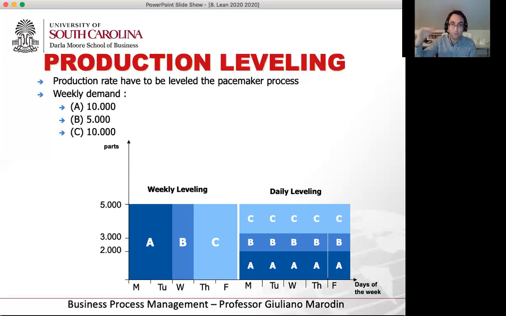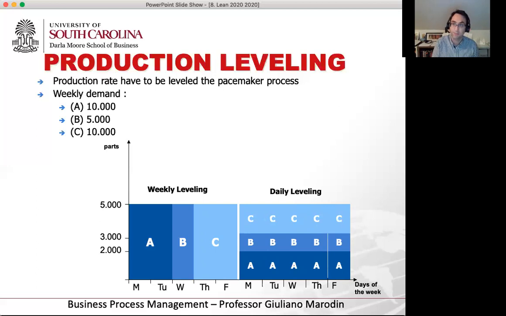So I have to have the 10,000 in inventory because I'm going to be using C until it gets to Thursday, and then I'm going to replenish it all again and go back to the top. But then I'm going to be using C through Monday, Tuesday, Wednesday and let's say half a day of Thursday, right? So I have to have enough inventory to cover the whole week.